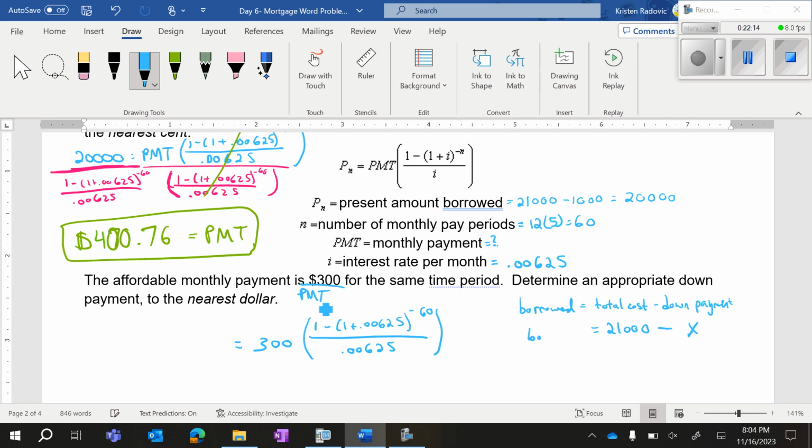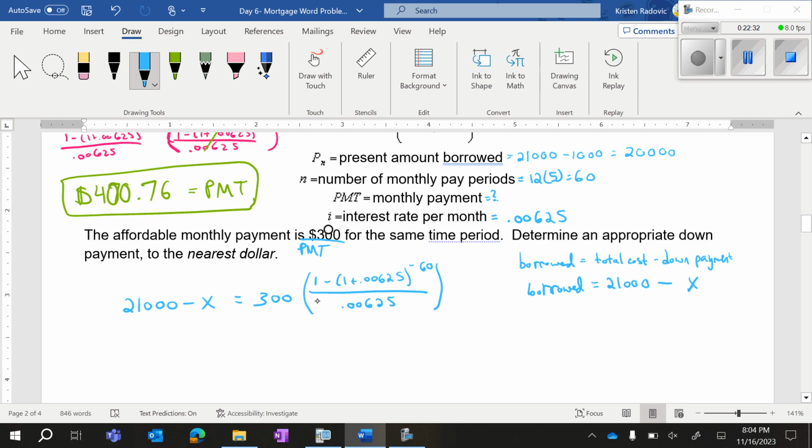All right. What I'm going to do is bring the 21,000 over to solve for X, and then I'm going to get negative X equals something. I'm not rewriting this all out because I am lazy. I have 300 parentheses. Now I have a fraction, except apparently I messed that up.